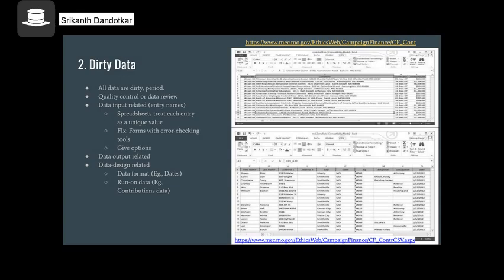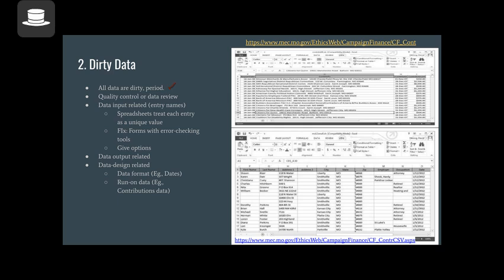Well, coming to dirty data, the question is, where do these errors come from? Keep in mind, errors in the data are a common occurrence. That's why I say all data are dirty, period. In other words, there is some error in any data you take unless it is already evaluated for you.